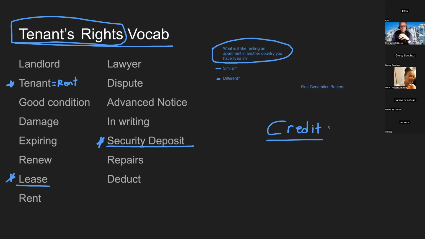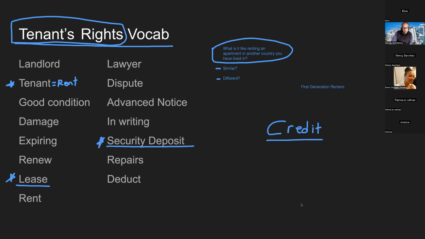Or do they just do that for foreigners only? Do ordinary Brazilians have to pay two months security? Yes, but Brazilian people have another possibility to rent a house. But when you are an immigrant from another country, you need to pay more because you have to give a guarantee not to leave the apartment.